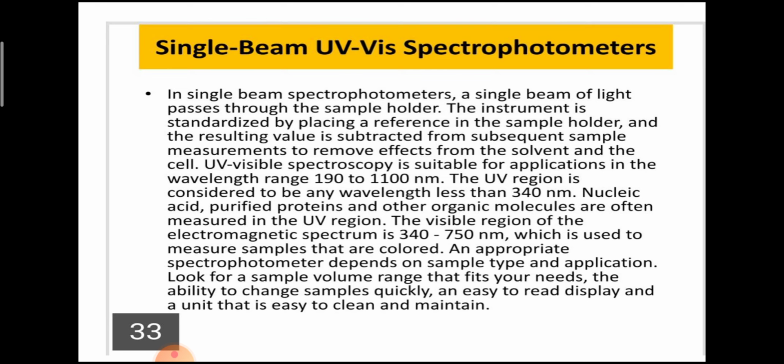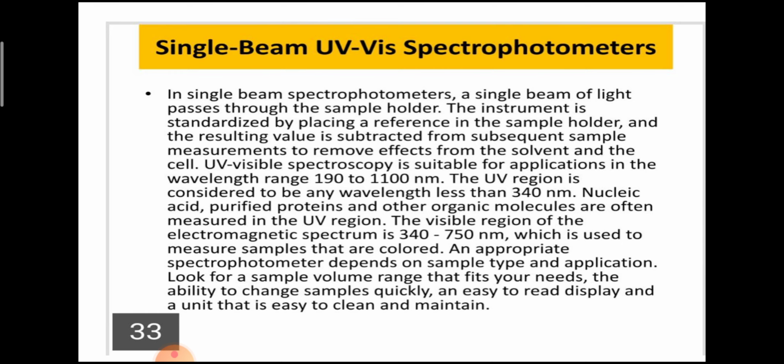UV visible spectroscopy is suitable for application in the wavelength range 190 to 1100 nanometers. The UV region is considered to be any wavelength less than 340 nanometers. Nucleic acid, purified proteins and other organic molecules are often measured in the UV region.